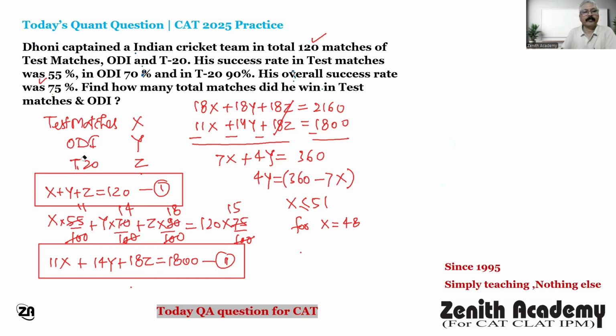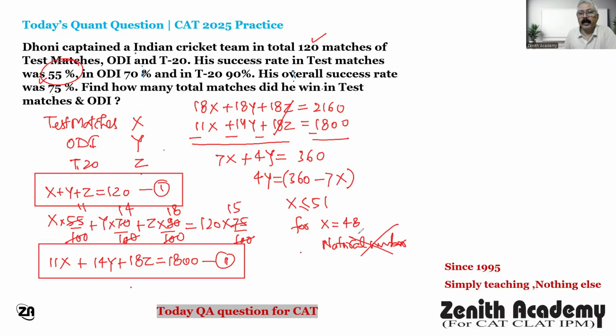But look here, one point is very clear. If you are taking x equal to 48, then x is the total number of test matches, right? And the success rate in test matches was 55%. So it is very sure that 55% of 48 is not going to be a natural number.